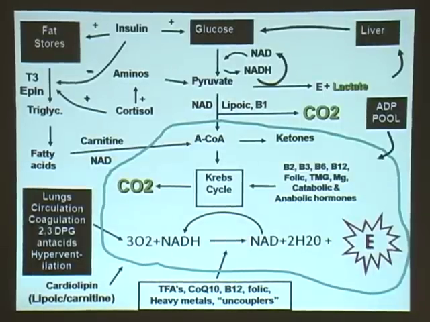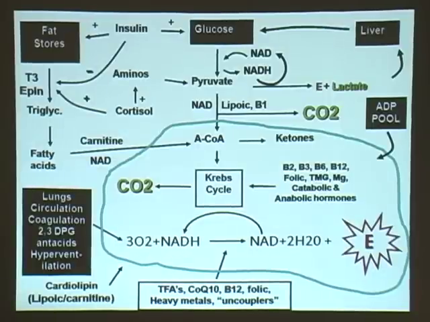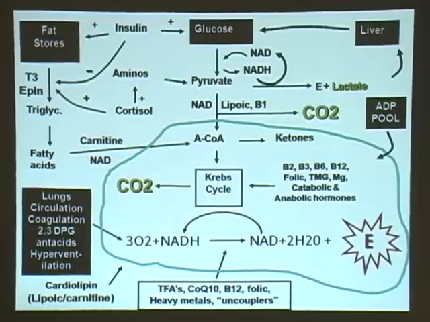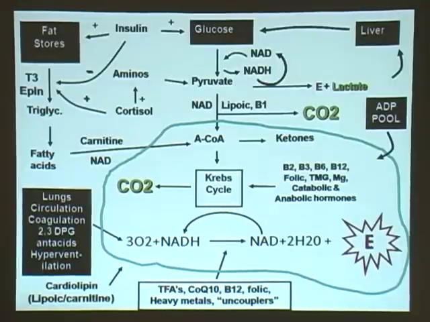But let's see if I can find him. I don't see him right here, but I'm going to give him lipoic acid because even though the chart doesn't mention it, lipoic acid is a key element for burning fat. So we'll give him prescriptions like that, and let's see what I in fact gave him.